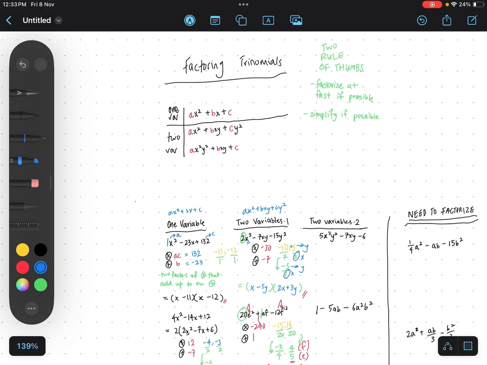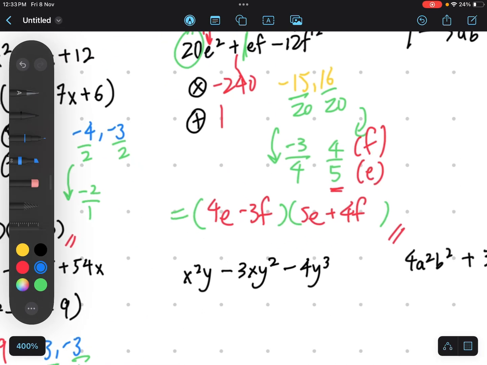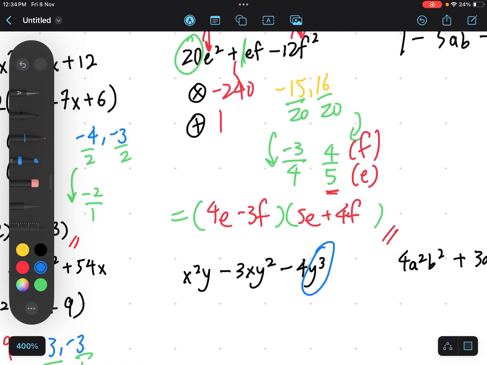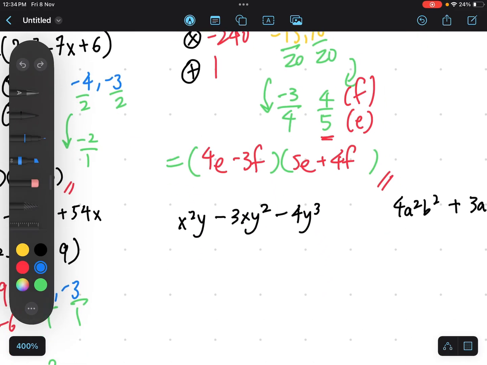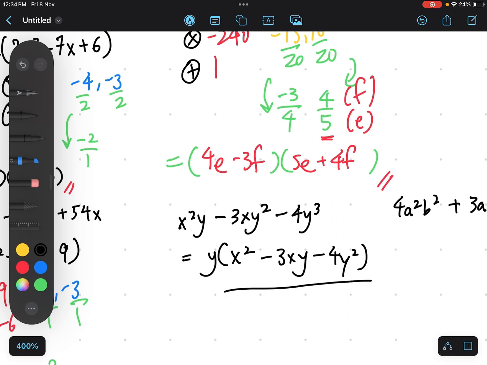But here, we realize that there's an extra y here, and there's an extra y here. So what do you realize? You can factor something out. So we'll factor out a y. After we factor out a y, we get x squared minus 3xy minus 4y squared. And you realize that this is now the correct form.